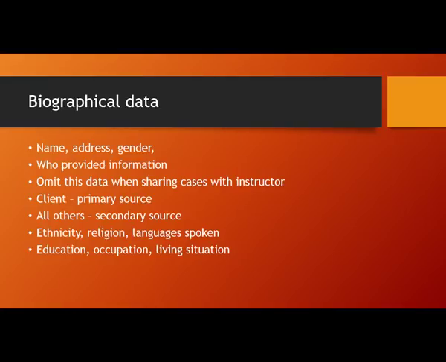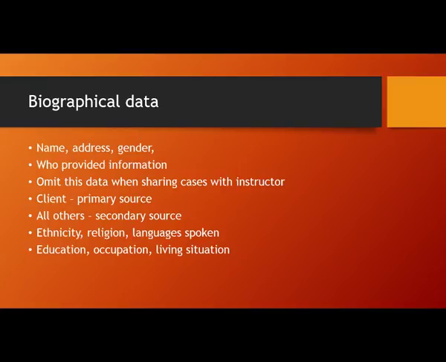This kind of information, the name, address, gender, if you're going to do a class assignment, that's information that should be omitted. If you're doing an assignment and you have to present a case in post-conference, you don't want to be saying, oh, Mr. Jones, and he lives in Colleyville at 323 North 3rd Street.